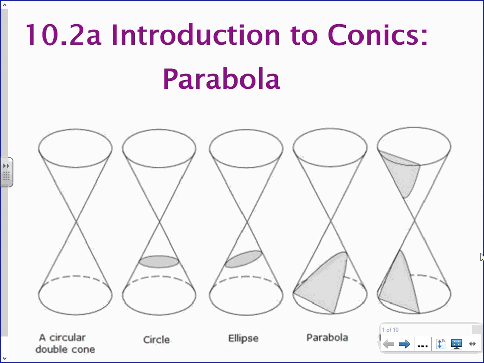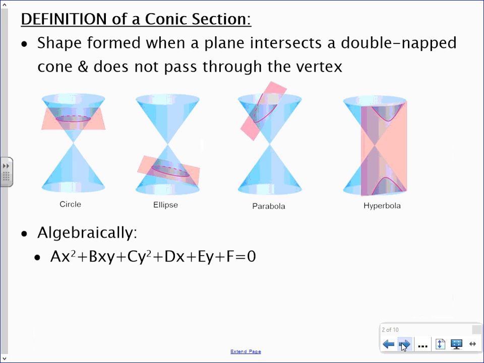You know what a parabola is, but we get to see parabolas that open up and down as well as left and right. Okay. So the definition of a conic section is a shape that is formed when a plane intersects a double-notched cone.